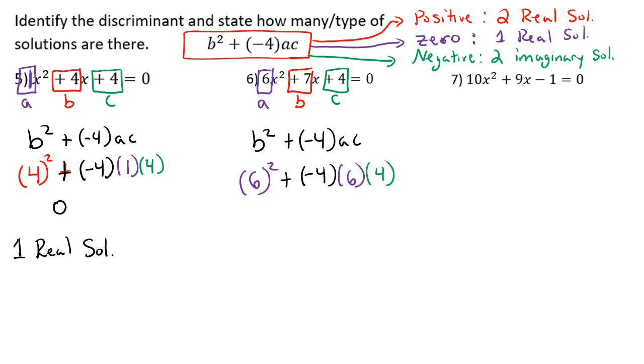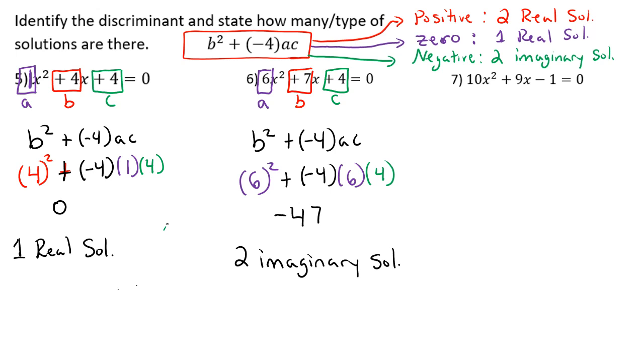Once again, once we type this entire thing into the calculator, we're going to get ourselves a negative 47. Since that number is negative, we're going to say there are 2 imaginary solutions.